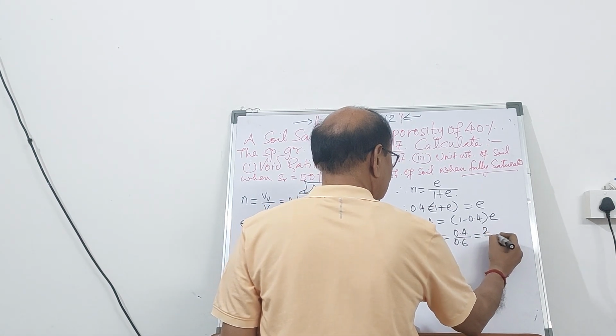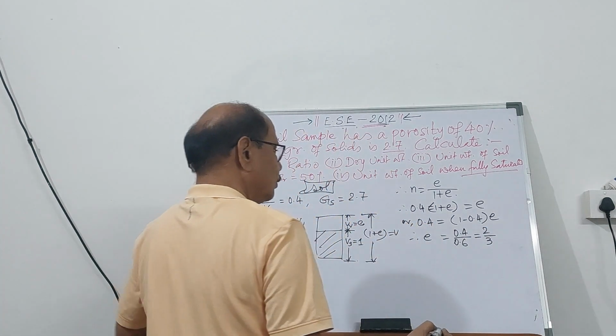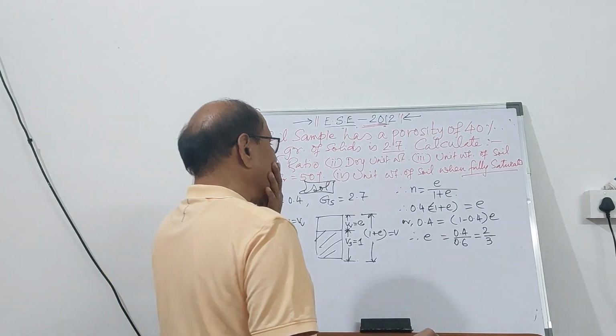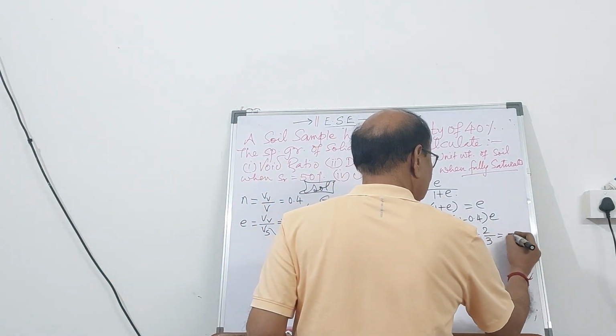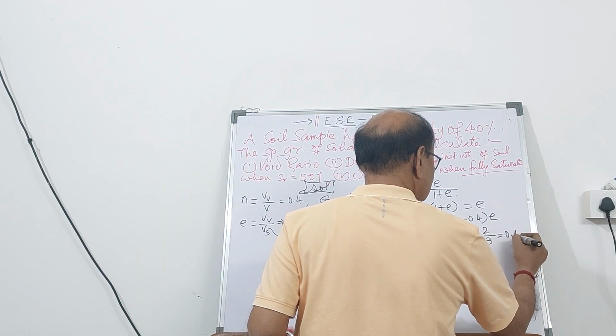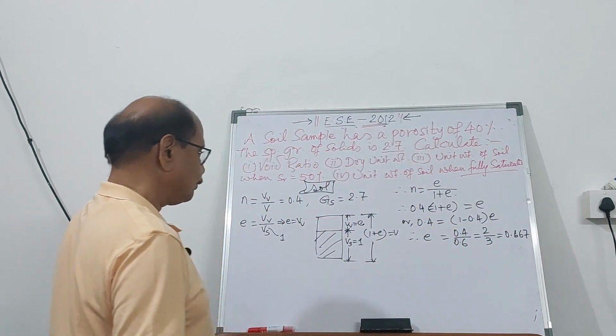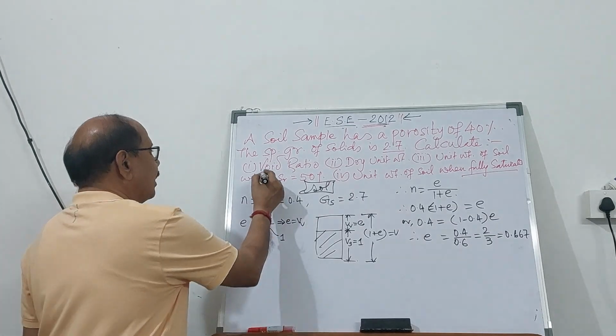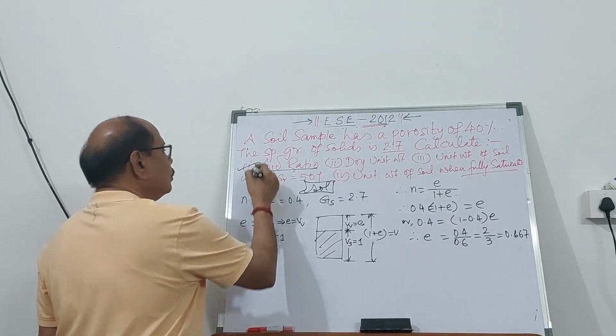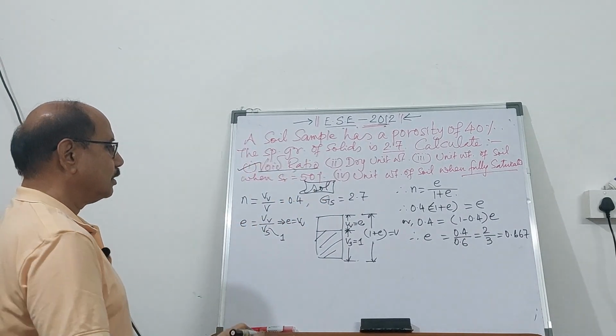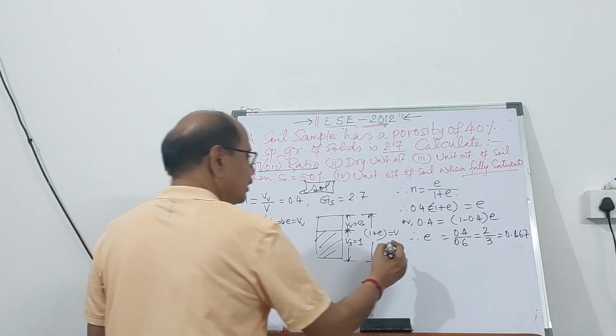So it becomes 2 by 3. So void ratio becomes 0.667. So first part, void ratio, we are able to calculate.